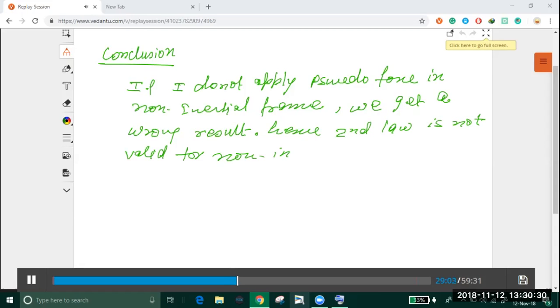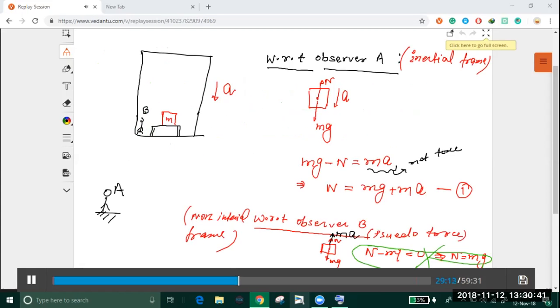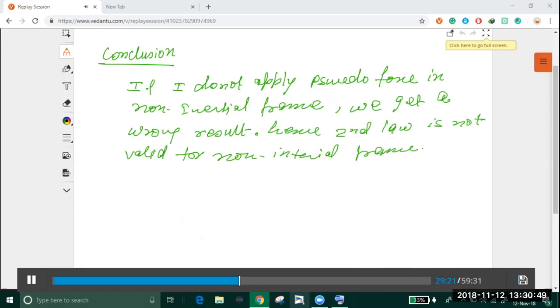Clear? Because by applying the second law only we get the wrong result. Are you getting it now? So that's why I cannot apply the second law in a non-inertial frame, because it yields the wrong result.